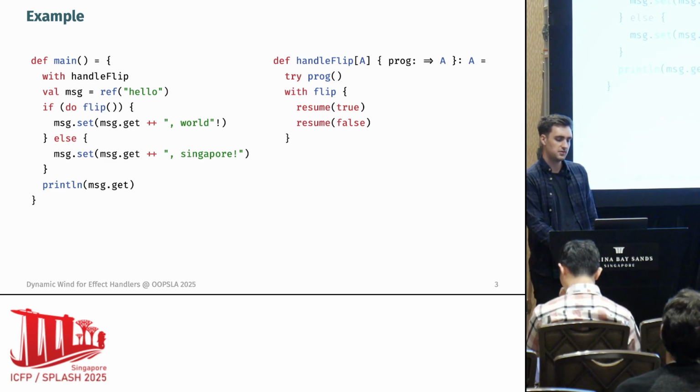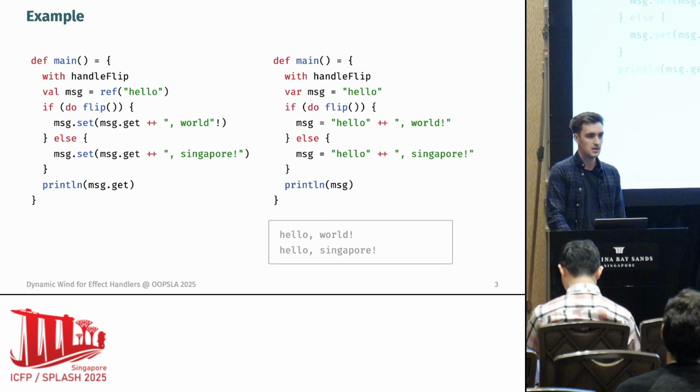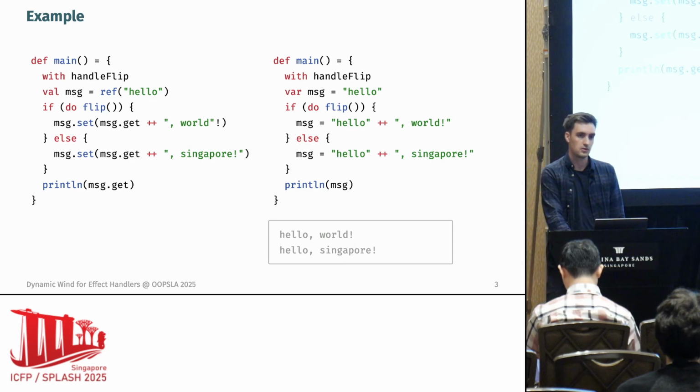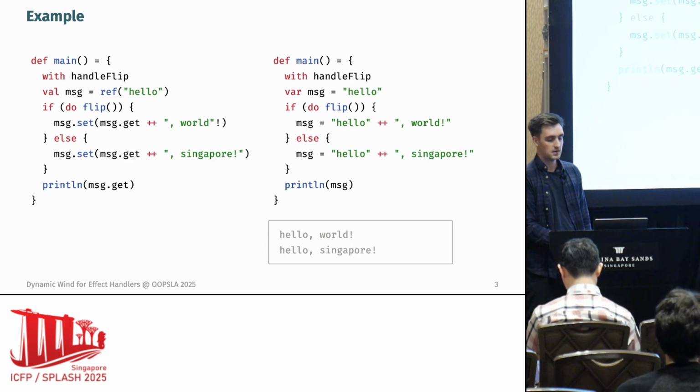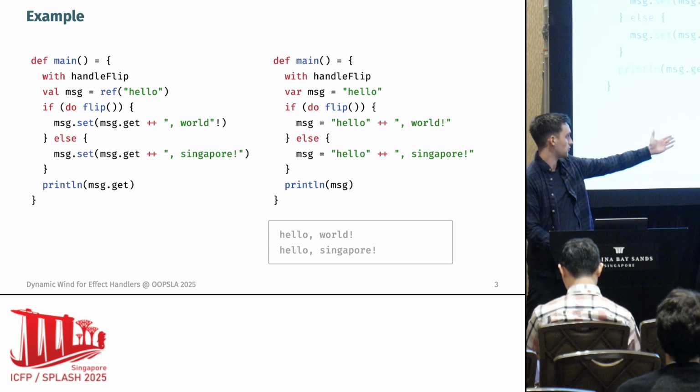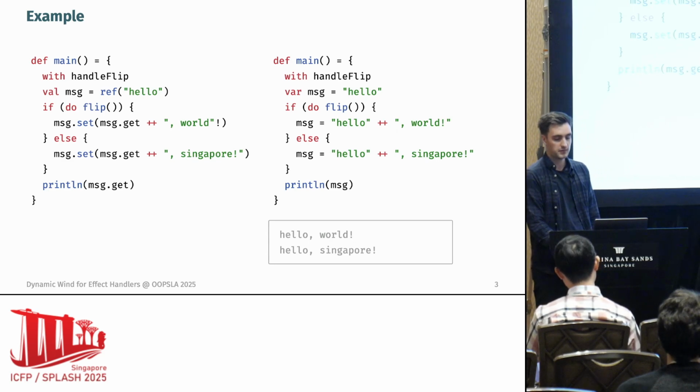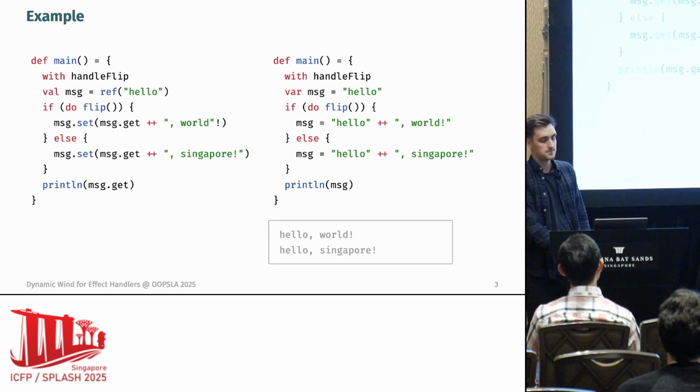Perhaps it's easier if we write another program for seeing how it should behave. If we are using stack local mutable variables, it should behave like here on the right side, because in Effekt, local mutable variables are backtracked by default.